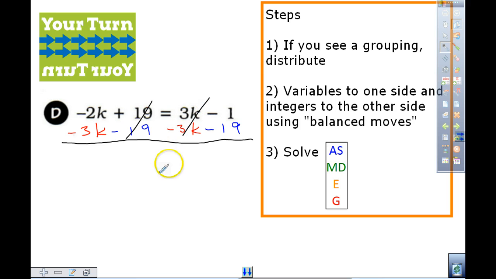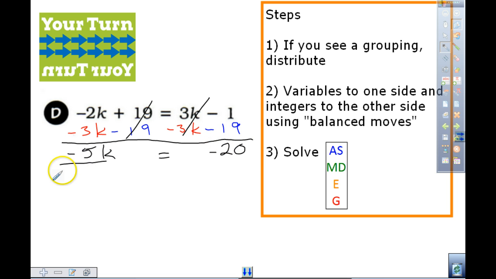Make sure you actually cross out what equals 0 or 1. In this case, there are zeros. -2 minus 3. -1 minus 19 is -20.